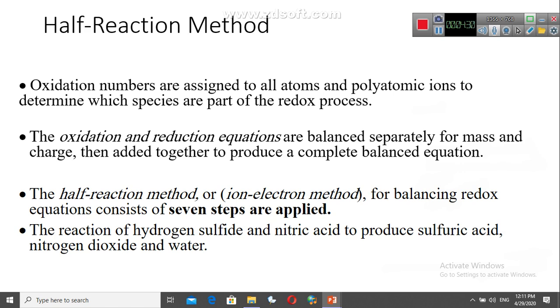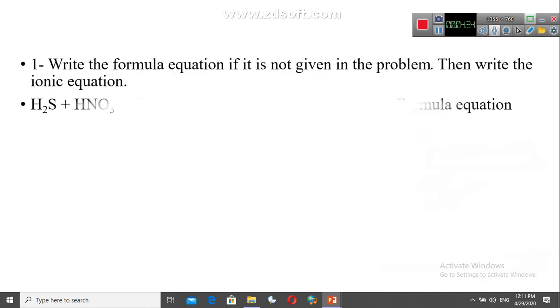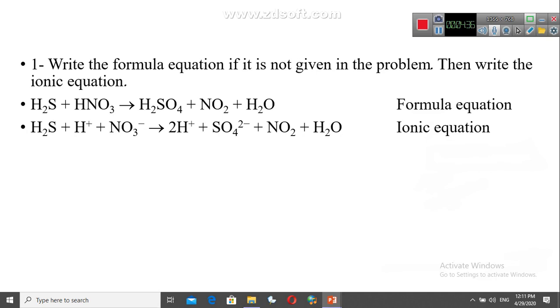At first, you must write the formula equation, if it is not given in the problem. Then write the ionic equation. For hydrogen sulfide, the chemical formula is H2S.